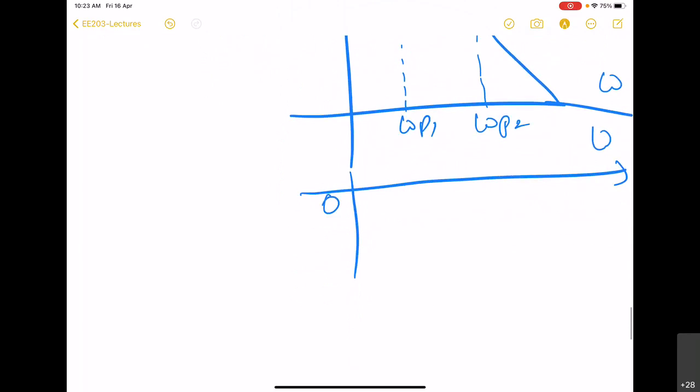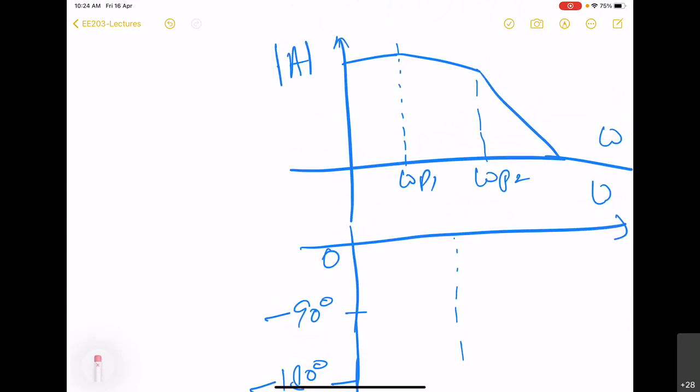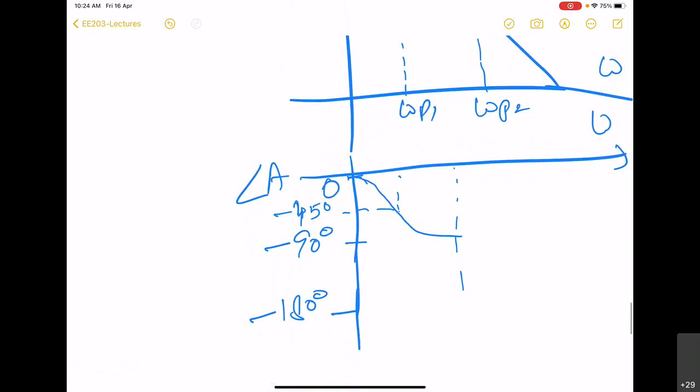So it starts from 0. We have minus 90 degrees and then minus 180 degrees. So the first pole will give rise to a frequency response like this, phase response like this. So this is the phase of A. It starts from 0, attains minus 45 degrees at omega P1, and then omega P2 gives rise to another decrement by 90 degrees.